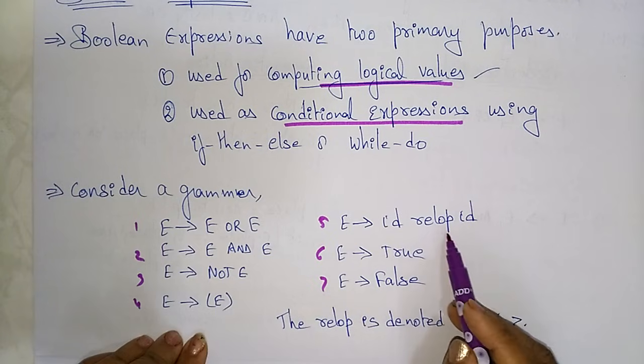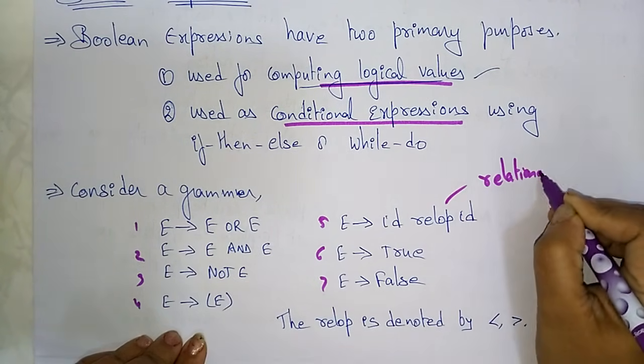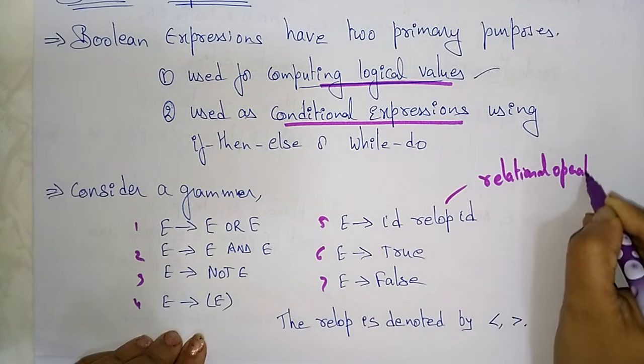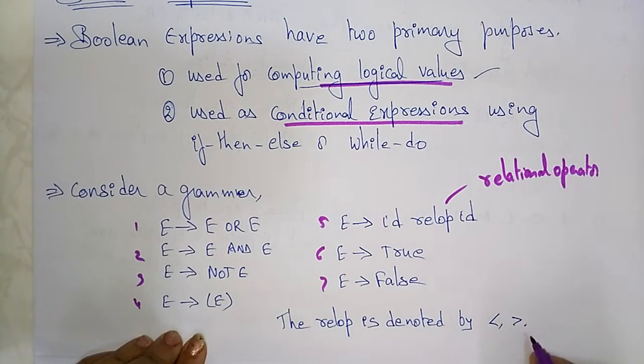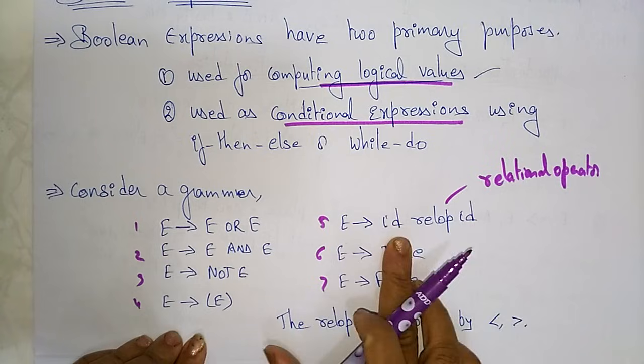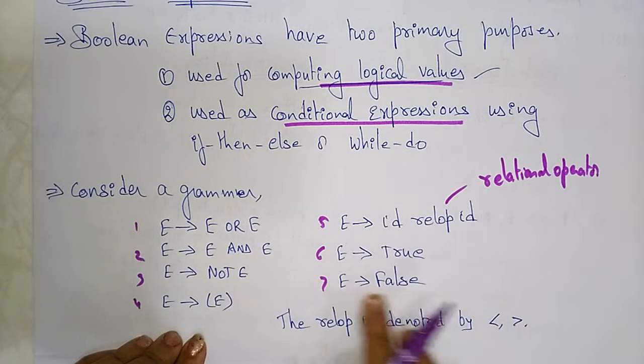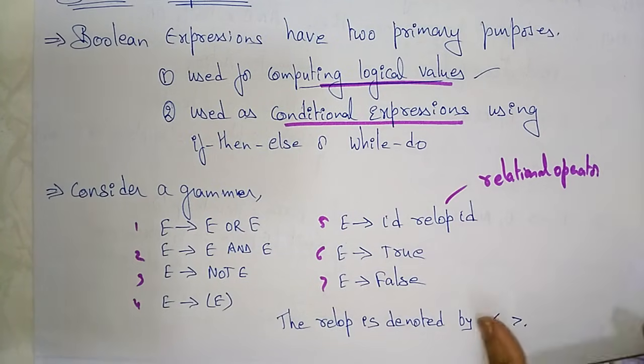Relop means relational operator. So what are the relational operators? Less than, greater than, greater than or equal to, less than or equal to, like that. So ID is less than ID, ID is greater than ID, like that. And E determines true, E determines false. So this is the grammar.